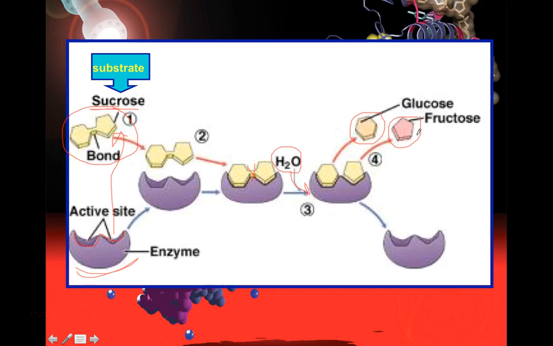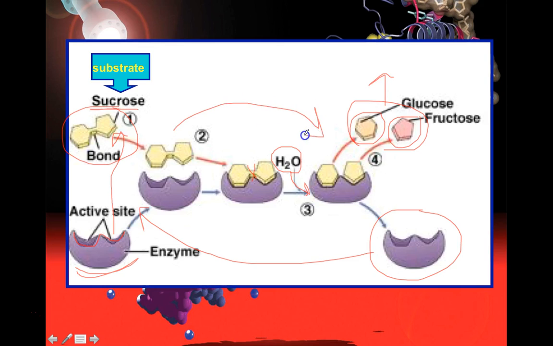Once the reaction is over, the product is going to float away, and it's going to perform whatever function it needs to perform at the time. The enzyme floats away as well, tries to find another molecule of sucrose, and it can start the reaction all over again. So this is an ongoing process.